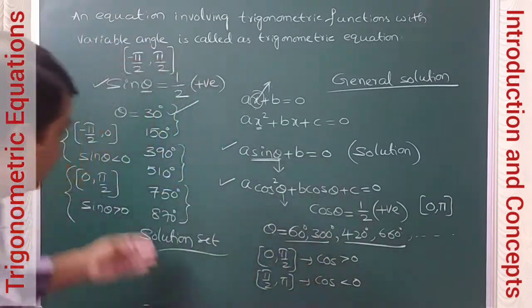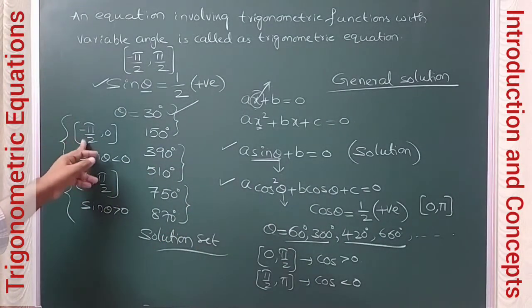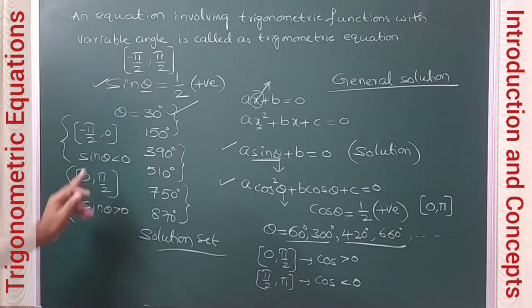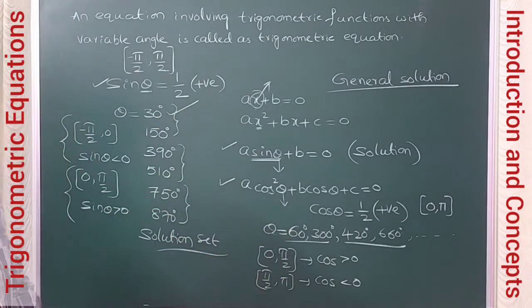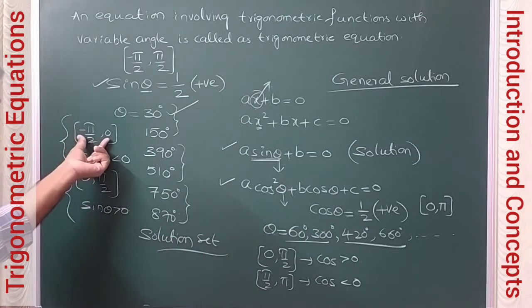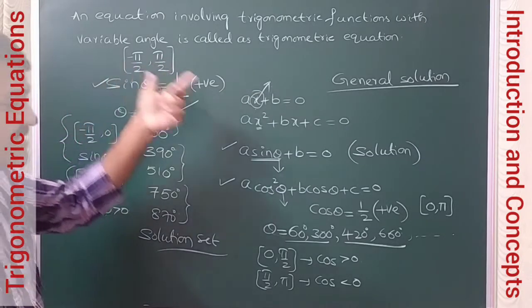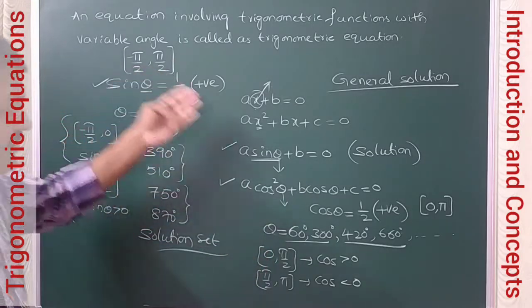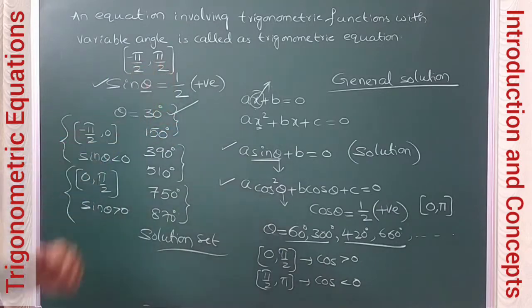Why can we not take the same interval for this one? You cannot take it, because between minus pi by 2 and 0, and 0 to pi by 2, the cos function values will repeat. Because in this interval also cos function is positive, and in this interval also cos function is positive. Means if you take the same interval for the cos function, the values of cos theta will be repeated. You can't take that interval.